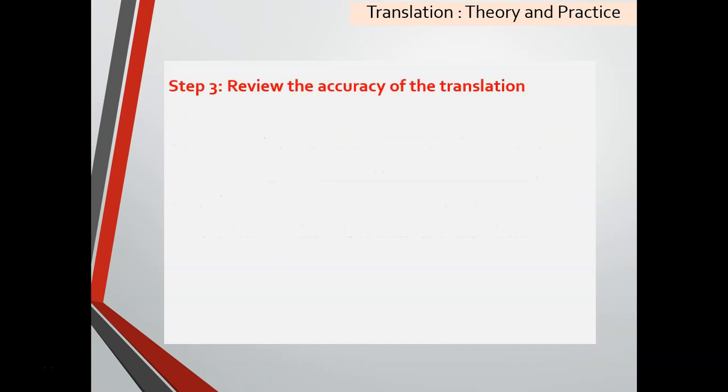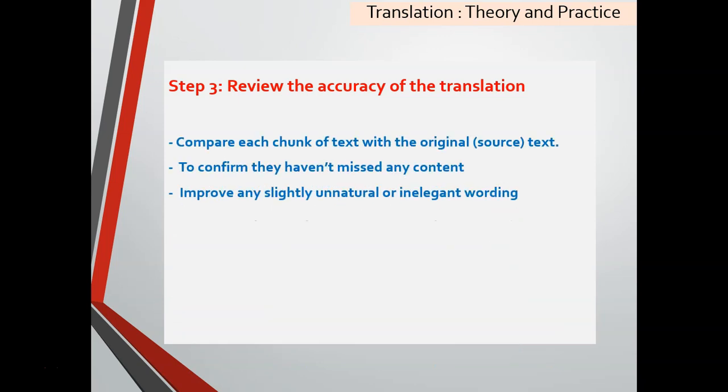After this, step 3, review the accuracy of the translation. After the first draft, which comes from the second step, is completed, the translator will then methodically work through the translation, comparing each chunk of the text with the original source text.